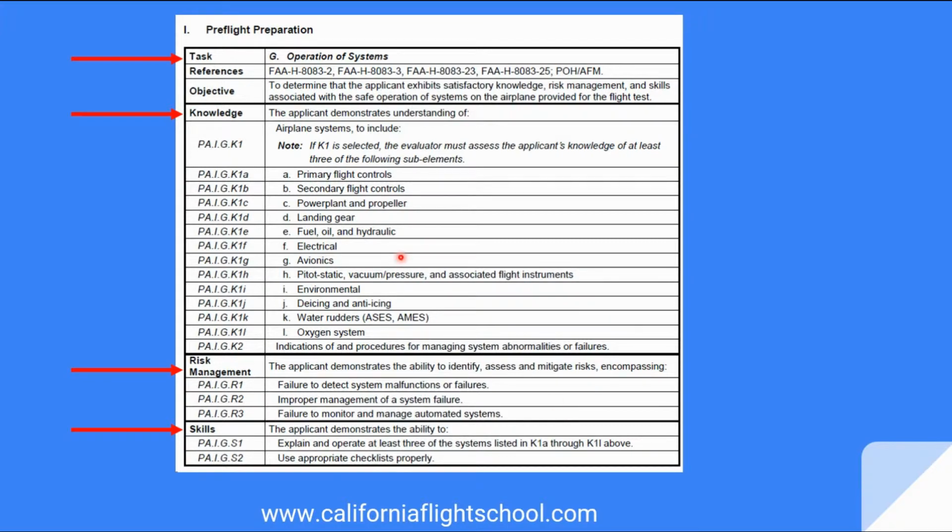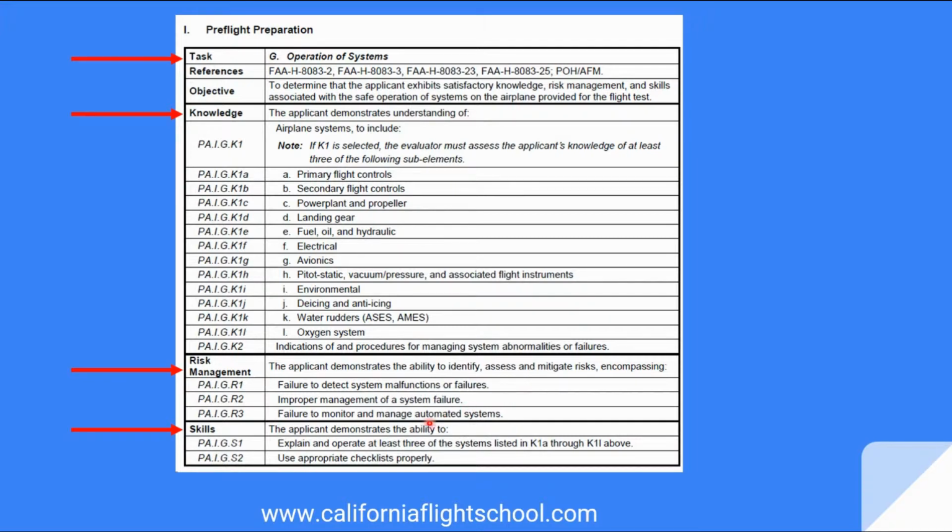So in the electrical system, for instance, there would be failure to detect system malfunctions or failures. Hopefully you'd write a couple of paragraphs for yourself to remind yourself of how to handle failures, or what could be a possible issue with the electrical system that you might fail to detect, and what might help you troubleshoot that correctly.